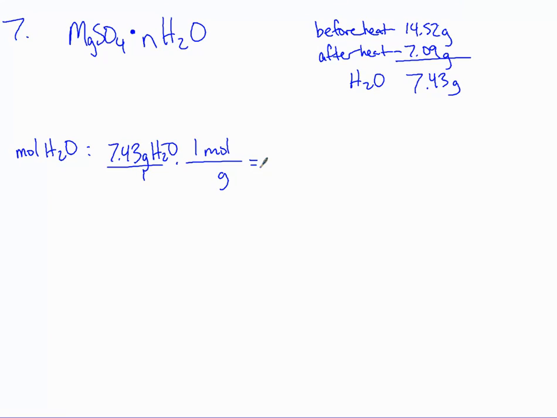Hydrogen is specifically 1.008. So for H2O, you've got rules for rounding.